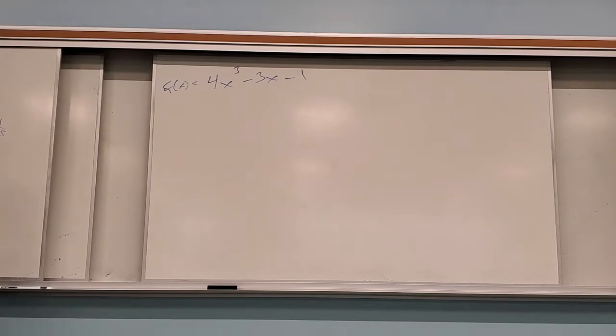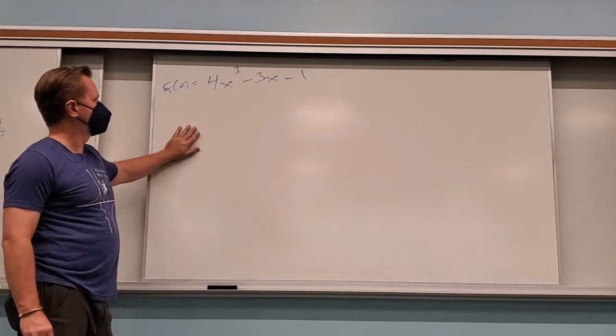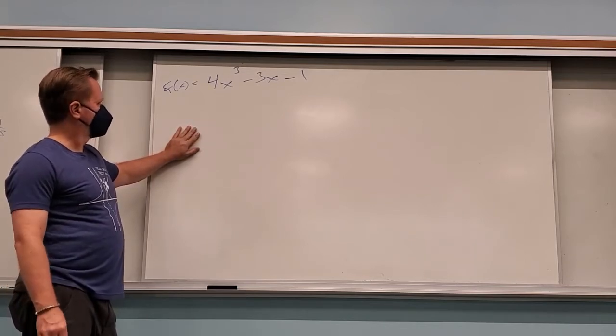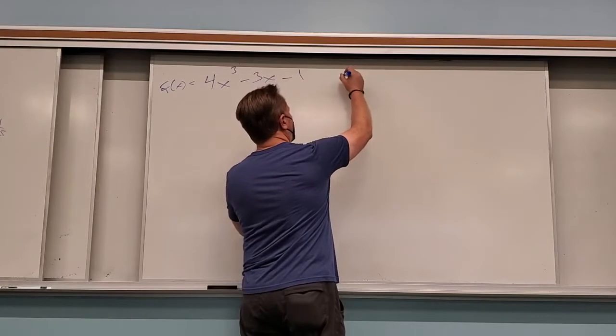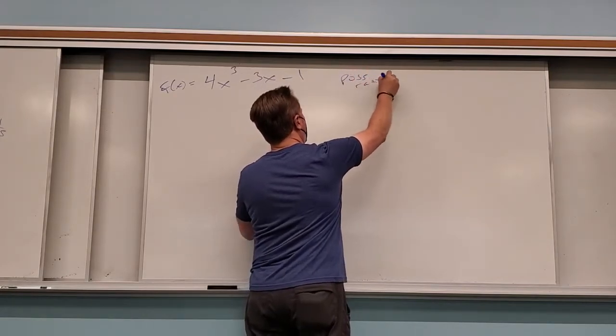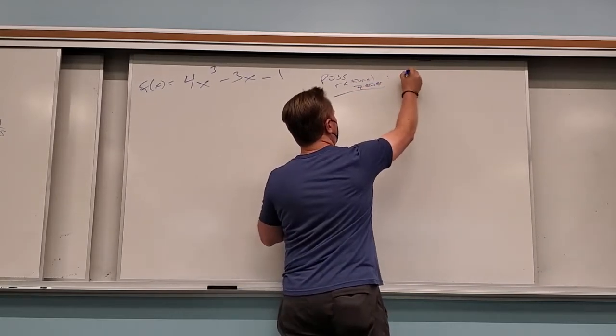It's not going to be many, thankfully. What did you guys get for the possible rational zeros?